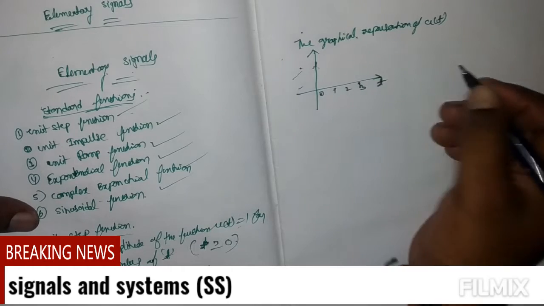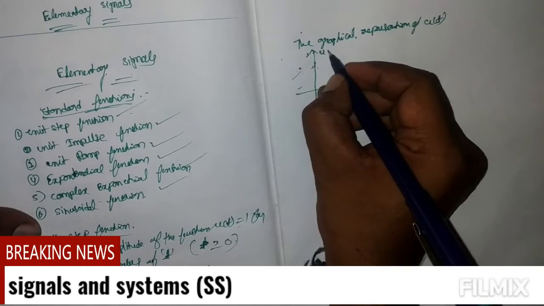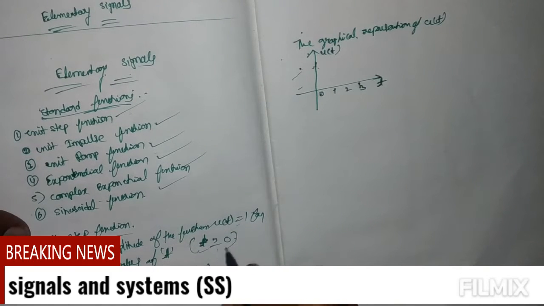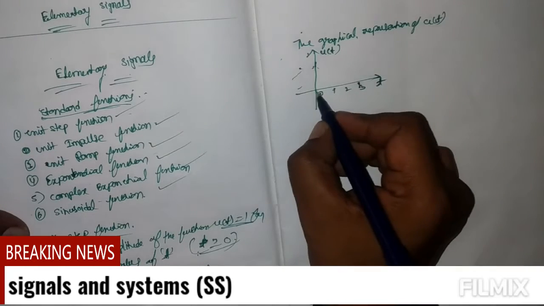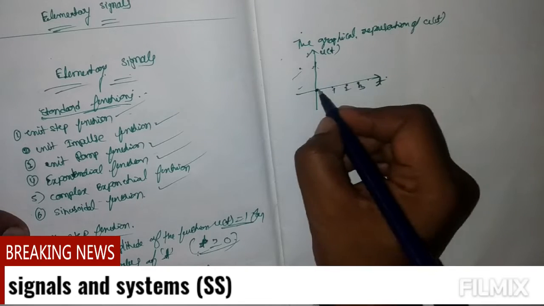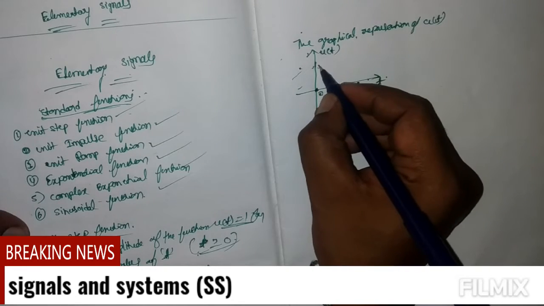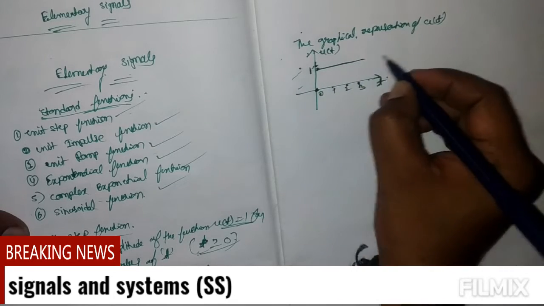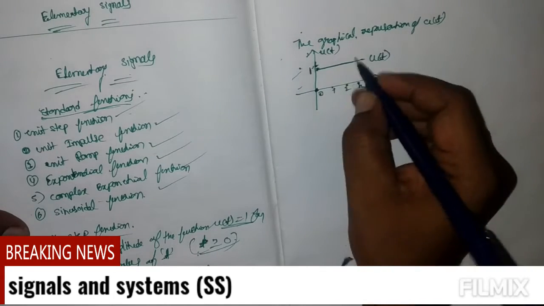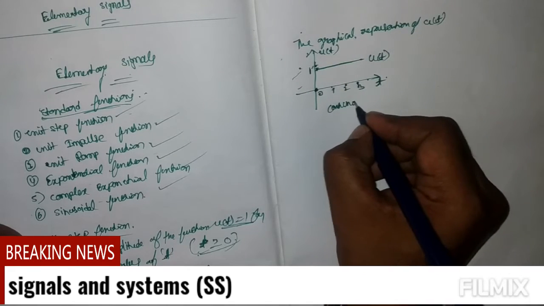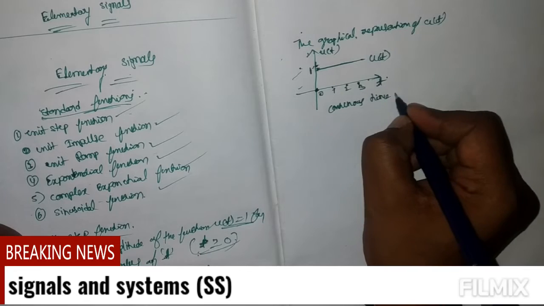This is the unit step function u of t. By the definition of the unit step function, u of t equals 1 for t greater than or equal to 0, all positive values 0, 1, 2, 3 and so on to infinity. The amplitude of u of t equals 1. This is a continuous time signal.